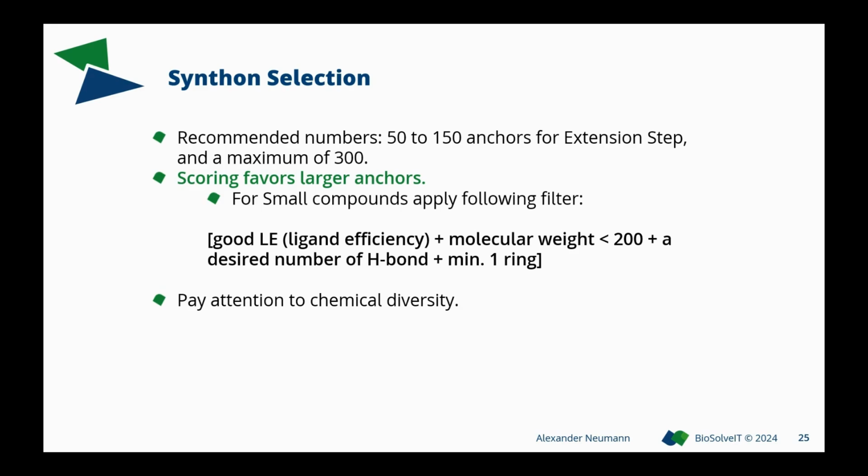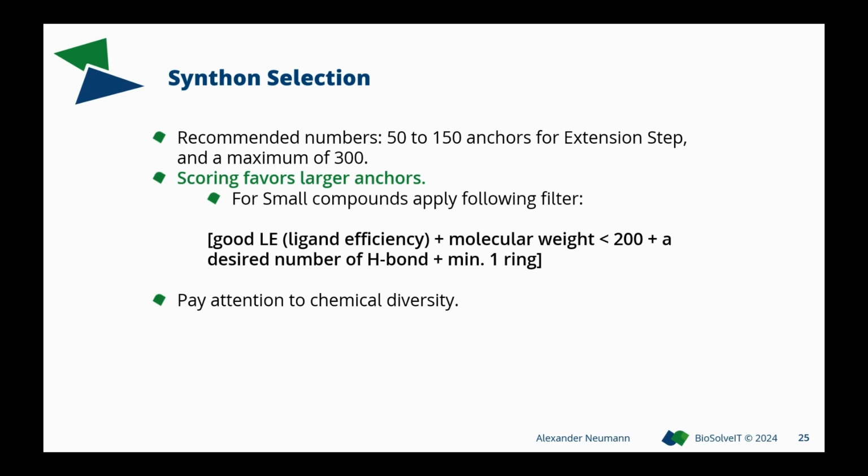What people should be aware of is that the scoring itself favors larger anchors. What do I mean by that? Some building blocks are quite large by themselves, right? Because they can form a lot of interactions, because they have a lot of heavy atoms, the score will increase subsequently.